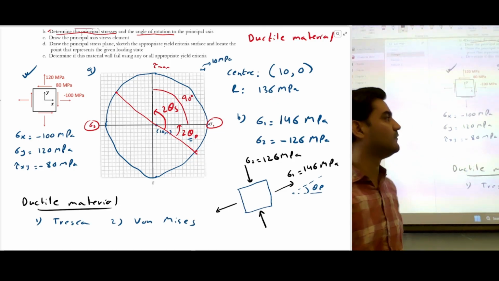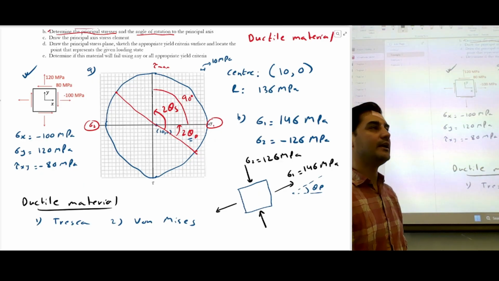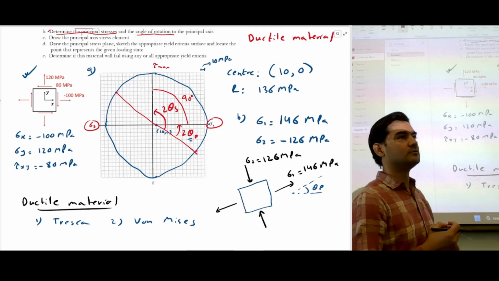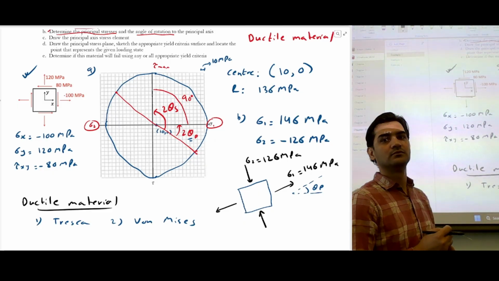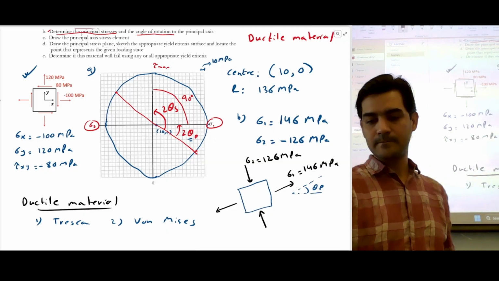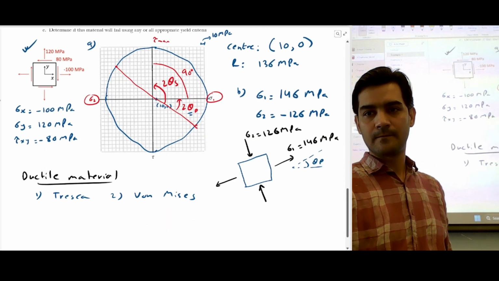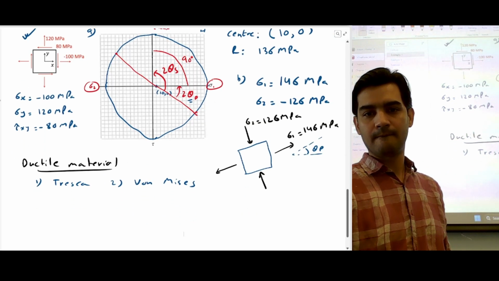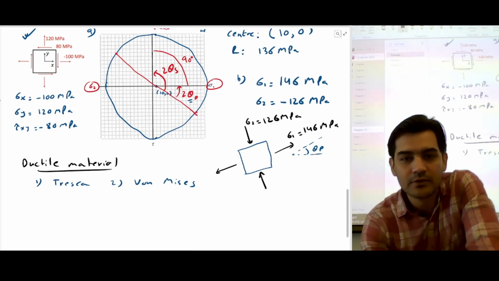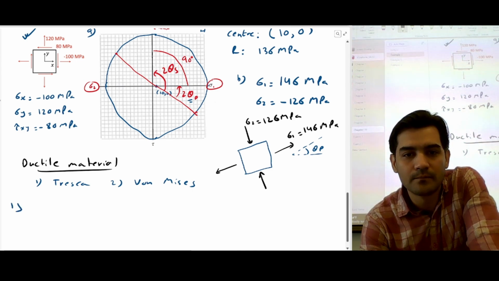We're going to use both of these, and we will see if in our case we will observe yielding or not. So let's talk about Tresca failure theory.